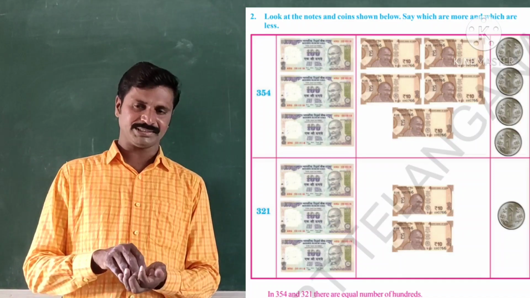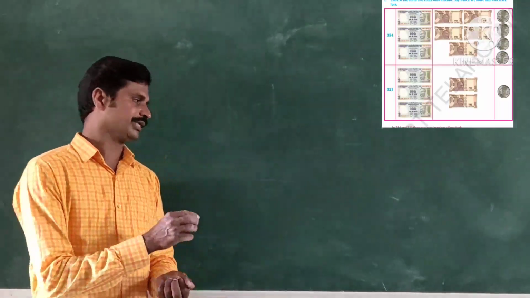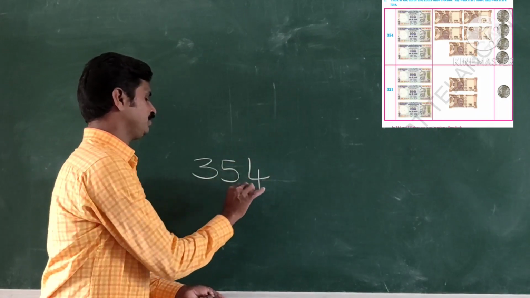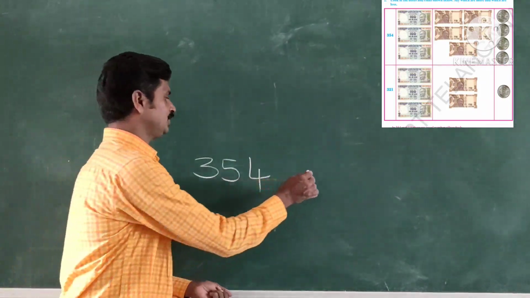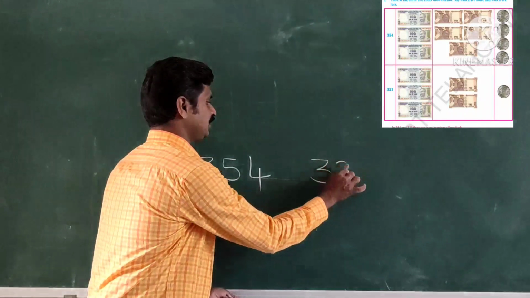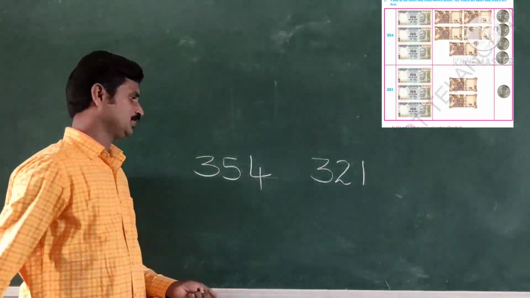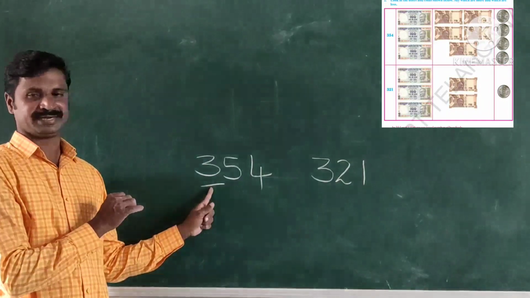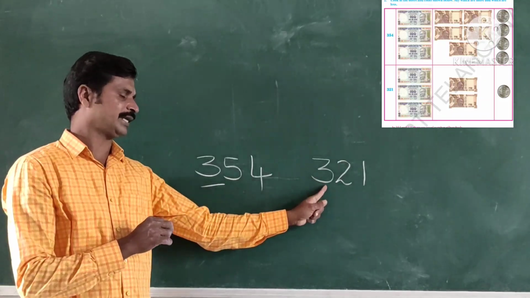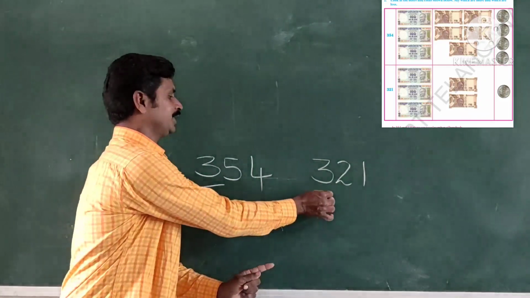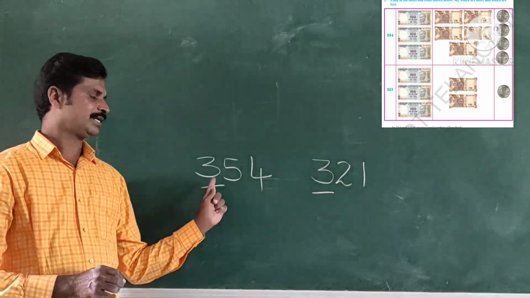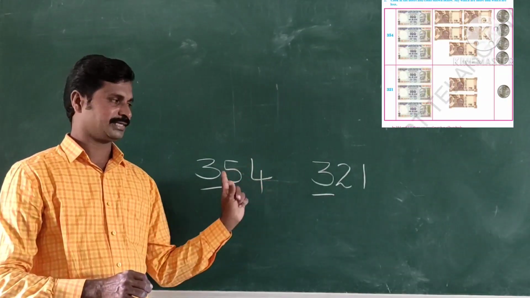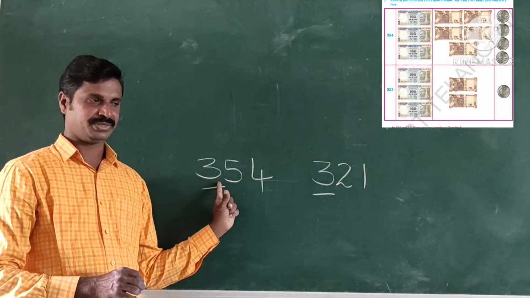If you see the numbers 354 and 321, look at the hundreds. How many hundreds are here? 300 are here. Very good children. Both are the same, 300 and 300.